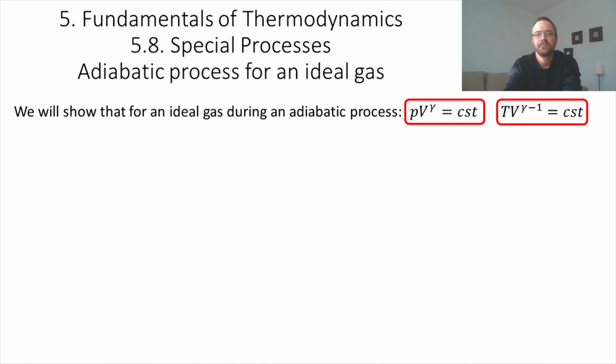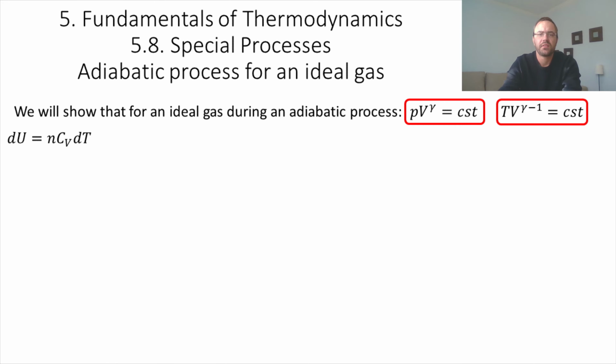First, we will write the change of internal energy dU equal nCV dT. And so at this point, you should say, wait a minute, we're talking about an adiabatic process. So a constant volume process is not the same, right? So why do we write nCV dT?